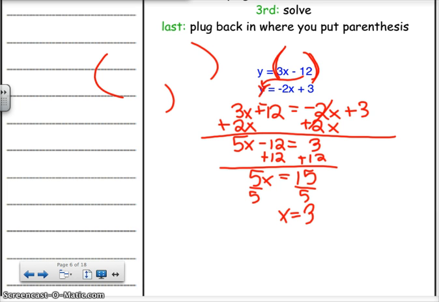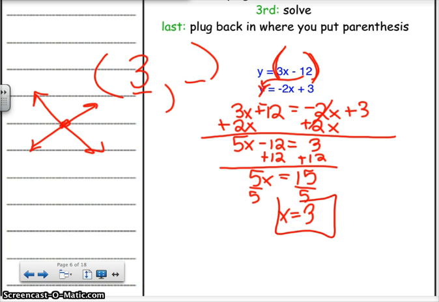So when two lines intersect, I need to have an x value and a y value. So this 3 is my x. I'm only halfway done. Now I box off my 3 and I go back to where I put parentheses. So this 3 goes right there.